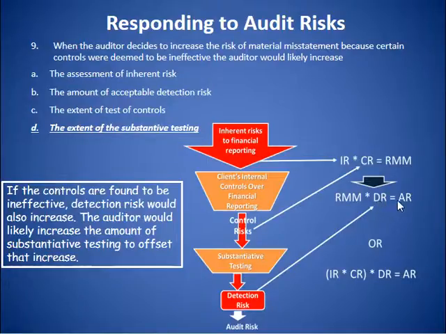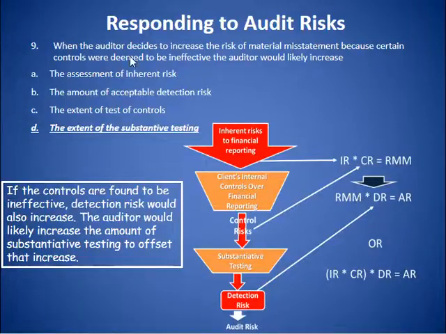So that results in audit risk. And we can combine it down here as inherent risk times control risk, that quantity times detection risk equals audit risk. That's the same thing as these two lines up here. But we can utilize this audit model and the equation here to respond to these.